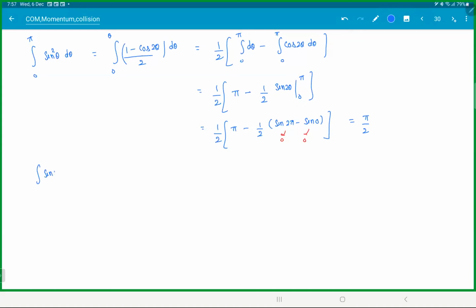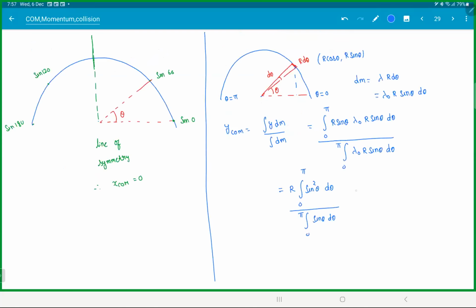Similarly, integral sine theta d theta from 0 to pi will be minus cos theta from 0 to pi. Cos 180 is minus 1, cos 0 is 1, so this is 2. Substitute the values here. So this is r into pi by 2 by 2, which is pi r by 4. That's your answer. Check. Sine square, cos square integration, don't forget.